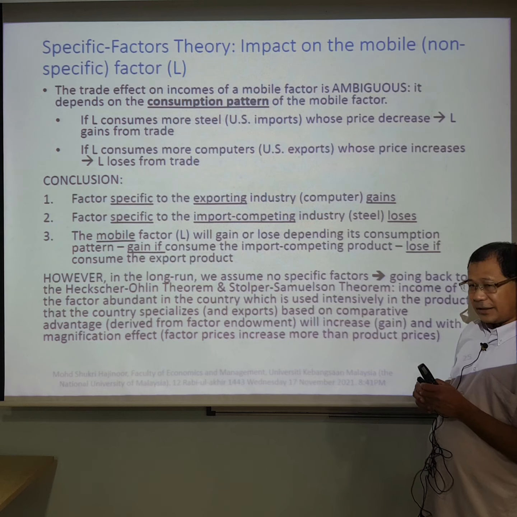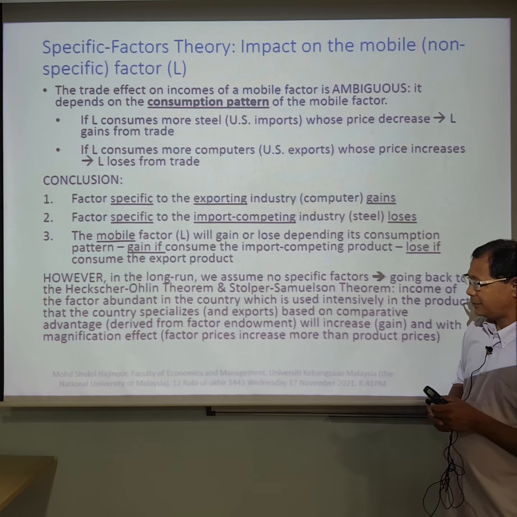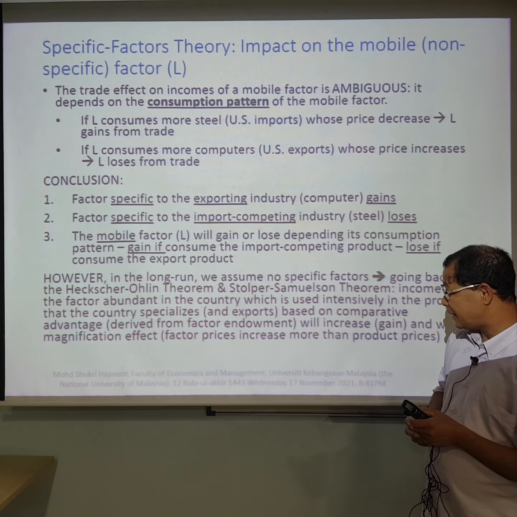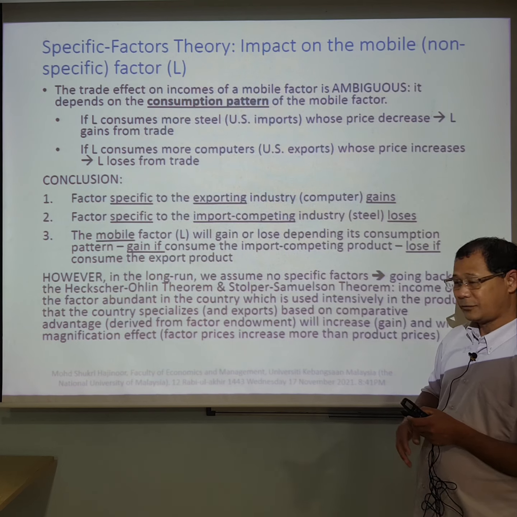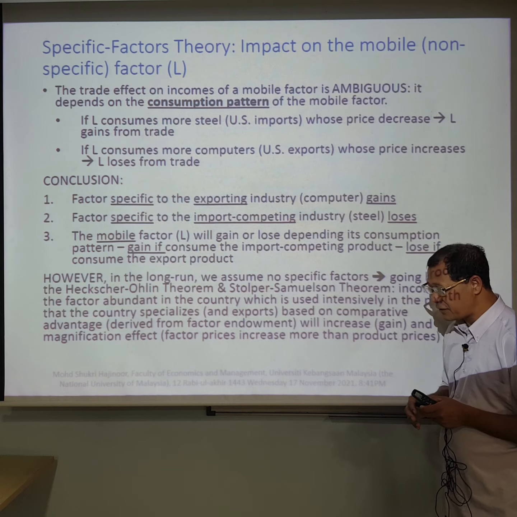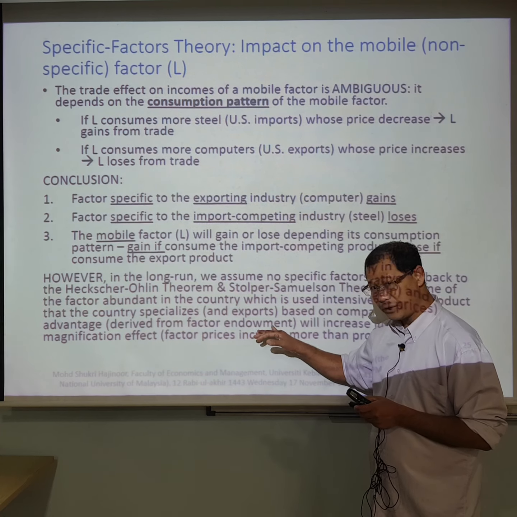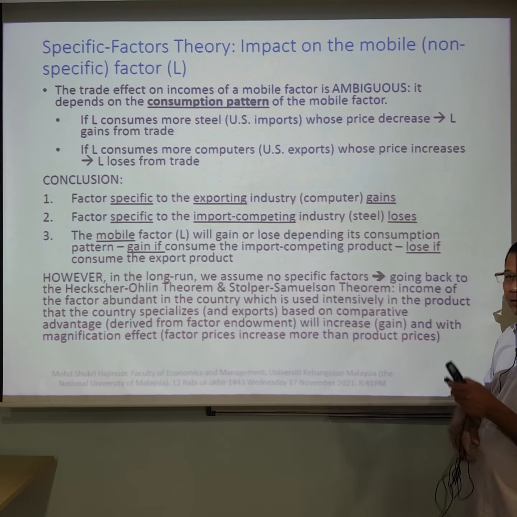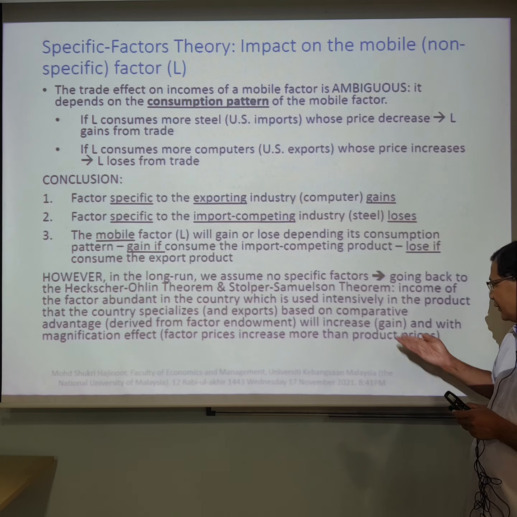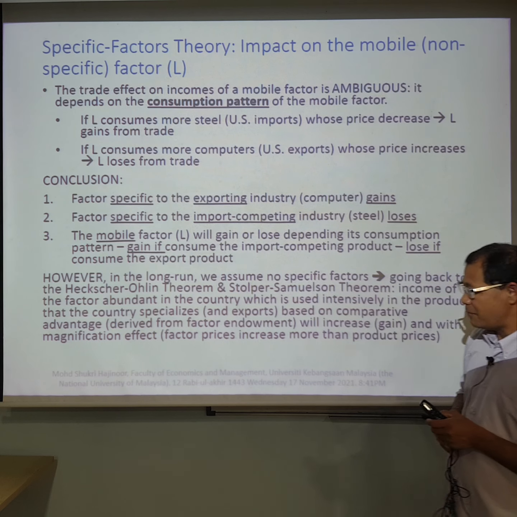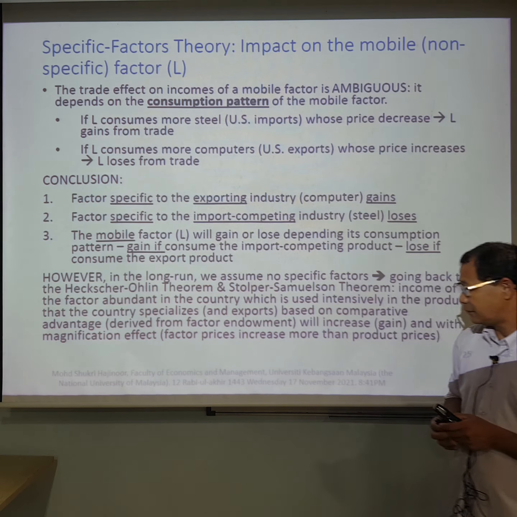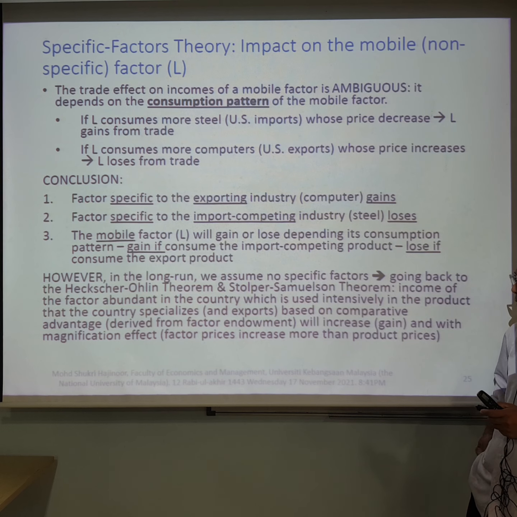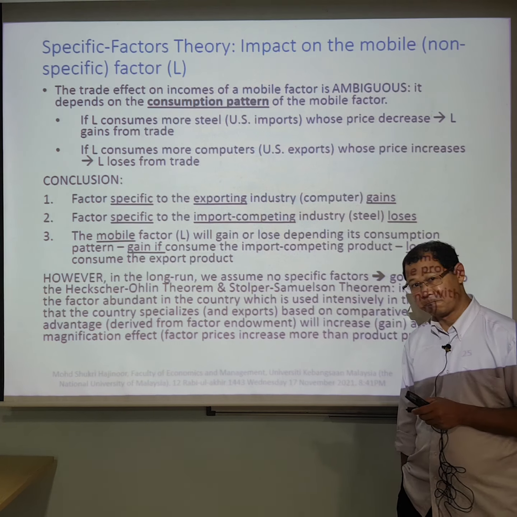the income of the abundant factor in the country, which is used intensively in the production of the product that the country specializes in and exports through trade based on comparative advantage, which is derived from the factor endowment theorem by Heckscher-Ohlin, will increase. Their income will increase, they gain, and with a magnification effect, which is that factor prices increase more than product prices.